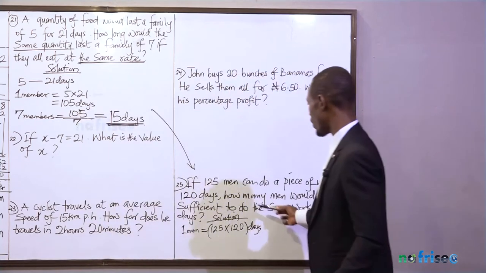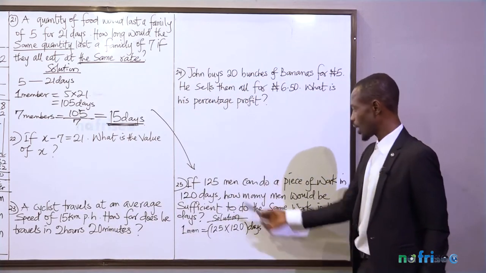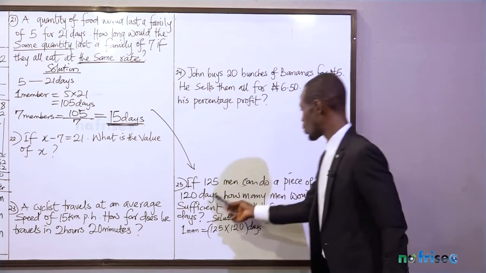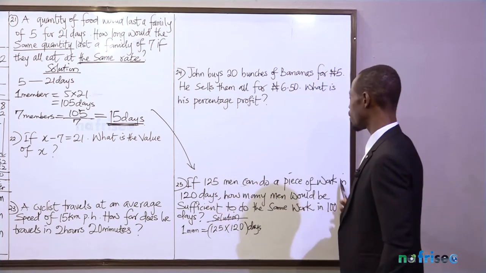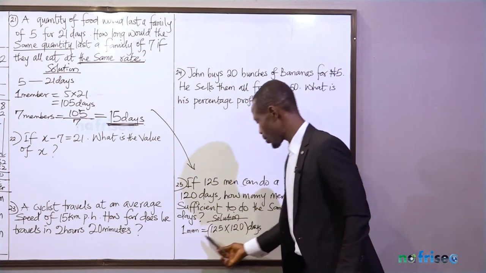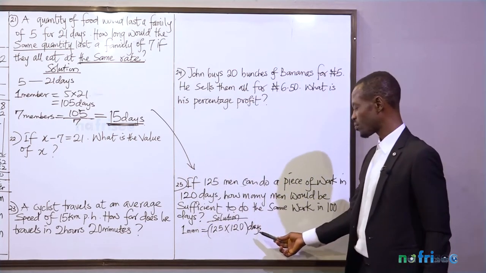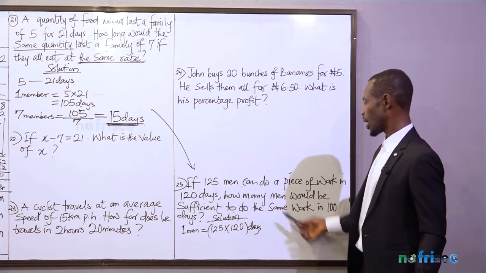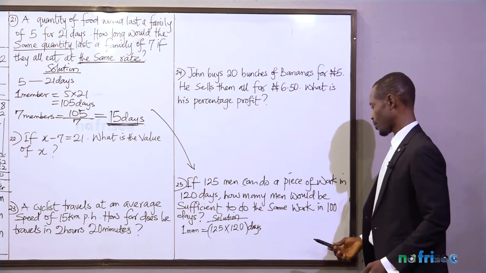So if I have to come back to 25 here now, if 125 men can do a piece of work in 120 days, how many men will be sufficient to do the same work in 100 days? It's going to be 125 times 120. Let's not guess. The reason is this.